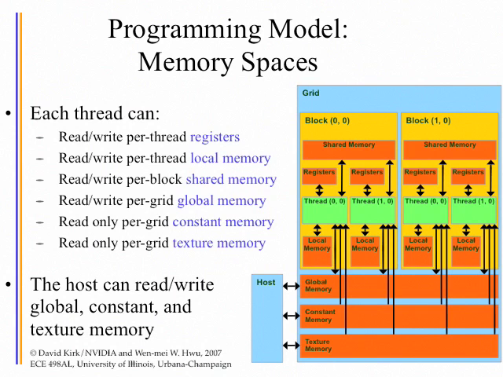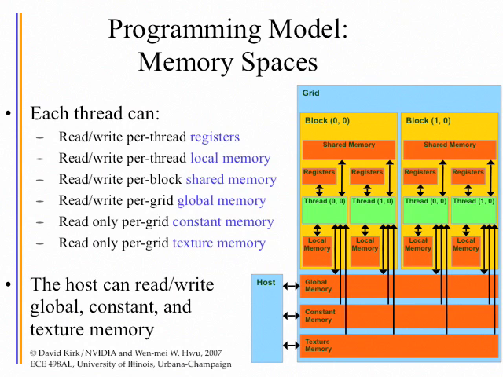The programming model for the memory space, you have seen this slide. This should be the second time you have seen it. It's important enough that we're going to show you multiple times. We have registers that are per thread, and we have local memory that is also per thread. Be careful with local memory.